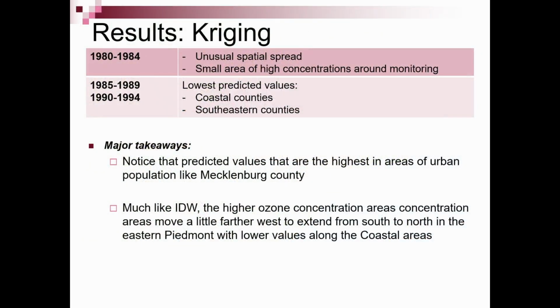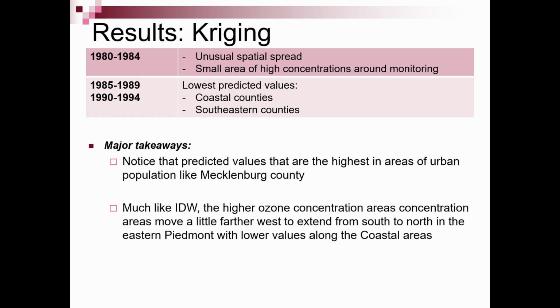So your major takeaways for this would be from 80 to 84, again, you have that unusual spatial spread with a small area of high concentrations around the monitoring site in Edgecombe County. And then your lowest predicted values for 85 to 89 and then 90 to 94 are the coastal counties and southeastern counties.